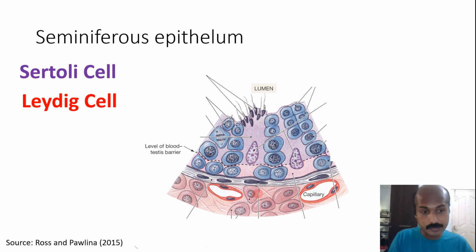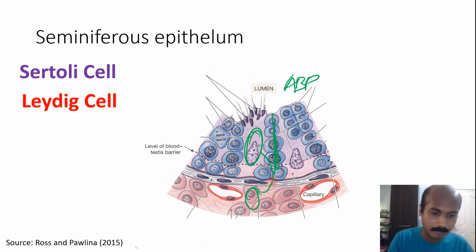I told you this produces testosterone, and testosterone will be concentrated by the androgen binding protein, ABP, that is produced by the Sertoli cell, which is again important for spermatogenesis. So you can understand what an important role the Sertoli cells and the Leydig cells play in the spermatogenesis process.